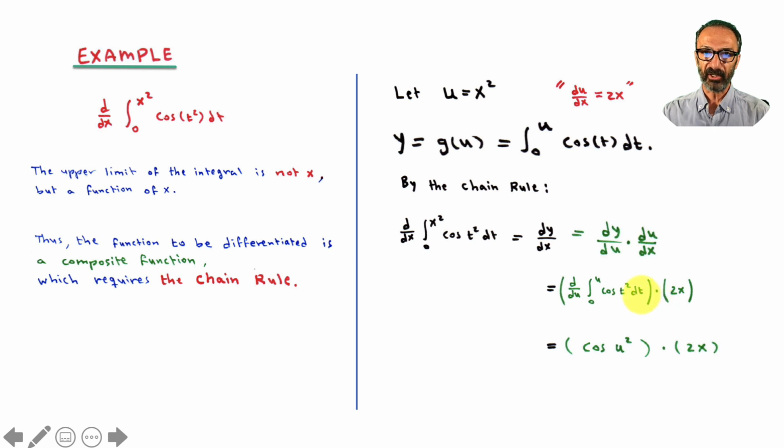T is a dummy variable, so I'm going to end up with cosine u square. We still have to clean it up. We'll put 2x up front, and instead of u, we take it back to x to the second, and we have another exponent of 2 here, which makes it x to the 4, and that's the answer.